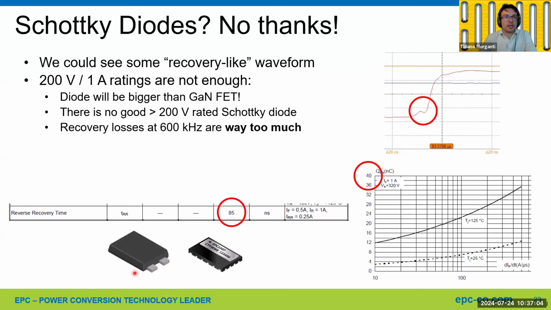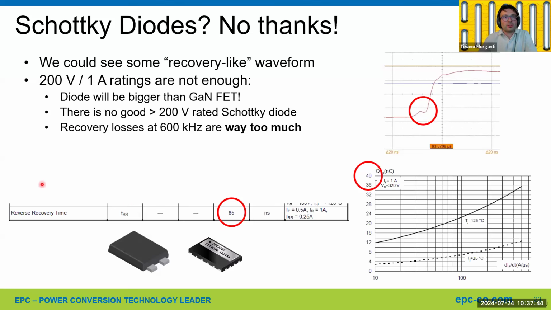So this looks strange: this is the controlled switch, and this is the freewheeling diode. Anyway, at 600 kilohertz, the recovery losses related to the diodes are way too much. They are a very significant part of the losses. If you consider silicon diodes rated 300 volts or above, you get a recovery charge of tens of nanocoulombs.